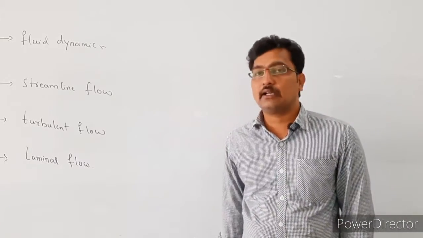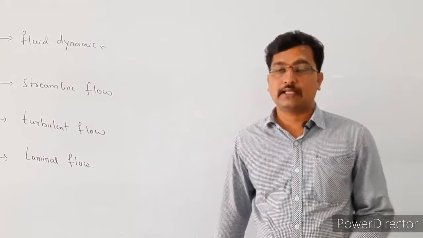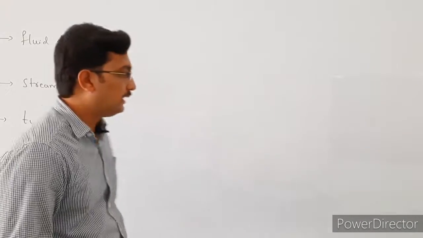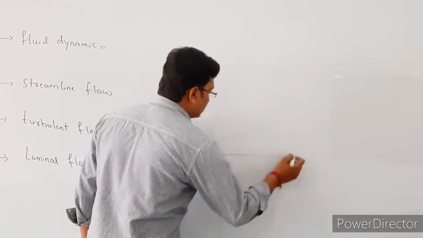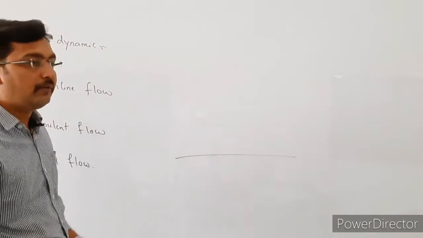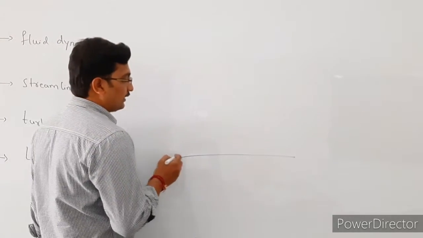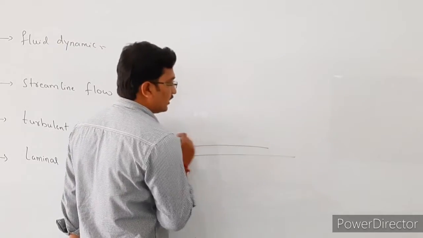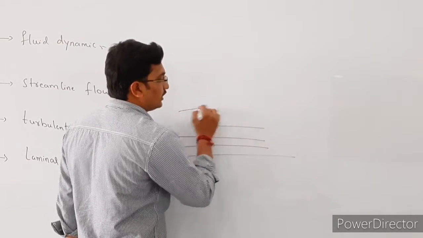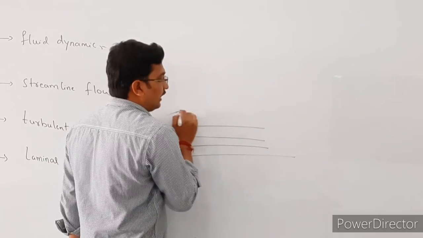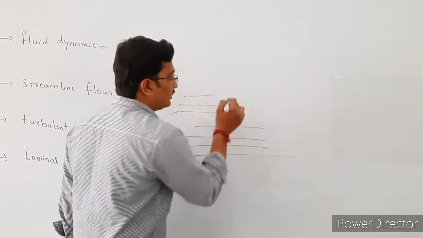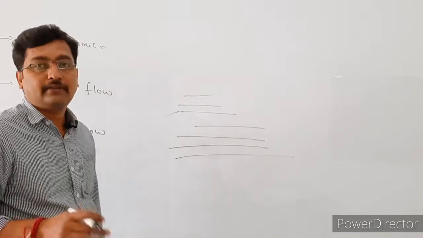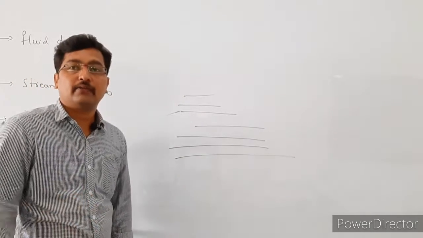And the last one is laminar flow. See here, this is a horizontal surface. If the liquid flows on a horizontal surface, it forms different layers, and these different layers move with different velocities.